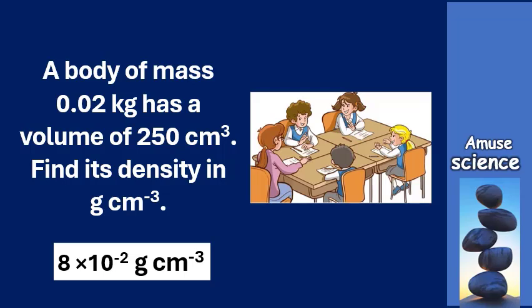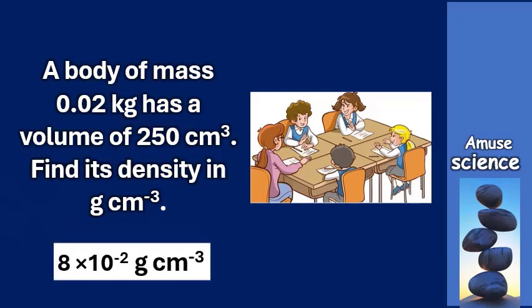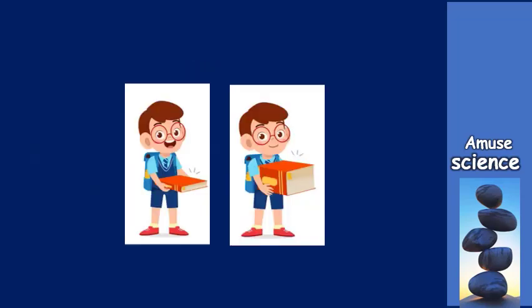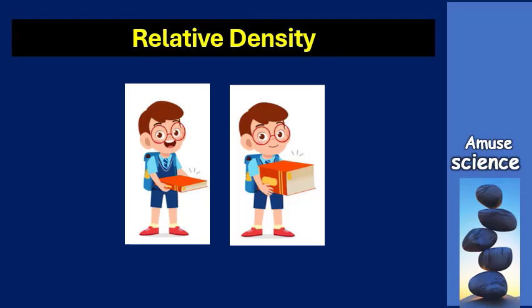Let us now move to the second aspect of our tutorial, talking about relative density. The word relative connotes comparison. When we are talking about relative density, it means we are comparing the density of two objects.